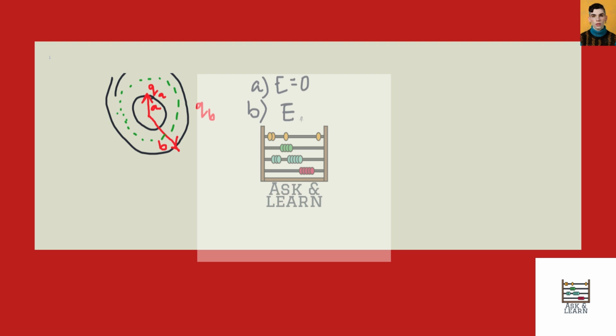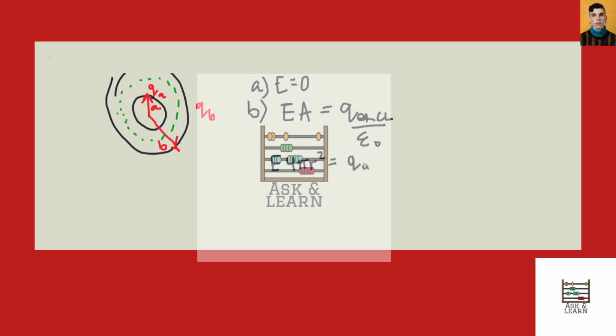The integral of E dot dA is just EA, where A is the surface area of your Gaussian surface, 4 pi r squared. So E 4 pi r squared equals Q enclosed over epsilon naught.